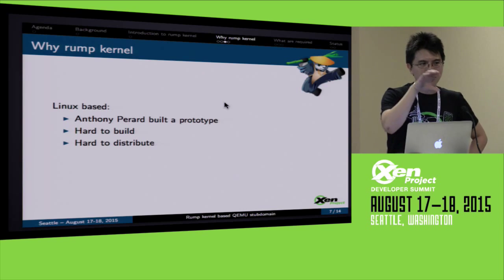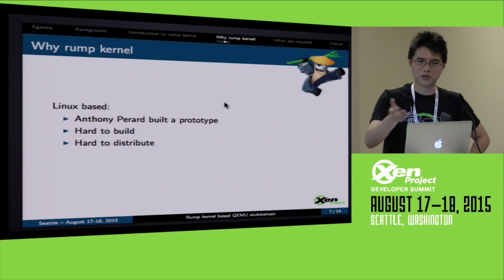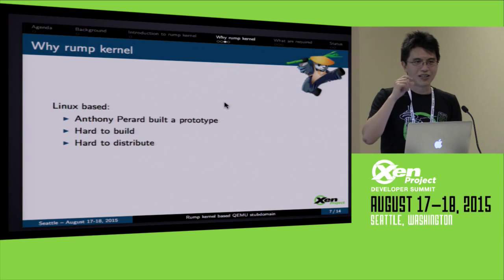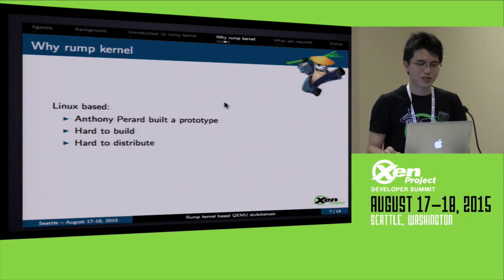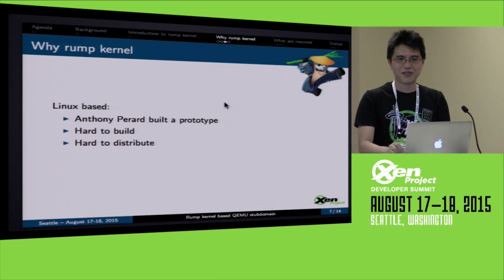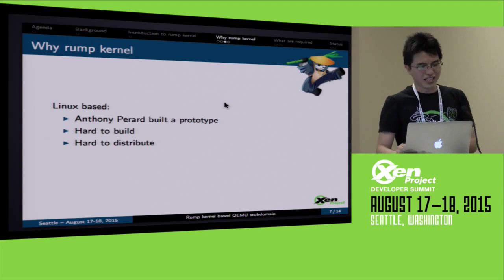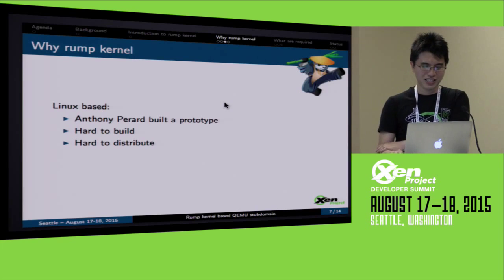So we need to write distro-specific build scripts for every distro in the world. Of course, this is not very sustainable going forward. Right, so in the end, this work kind of stalled and didn't go anywhere.